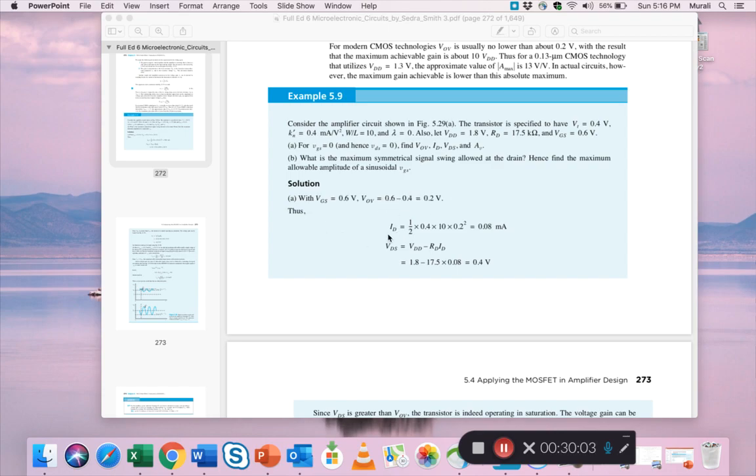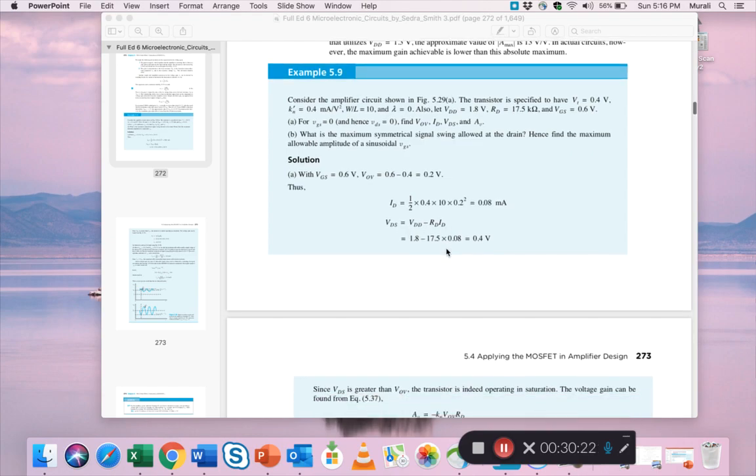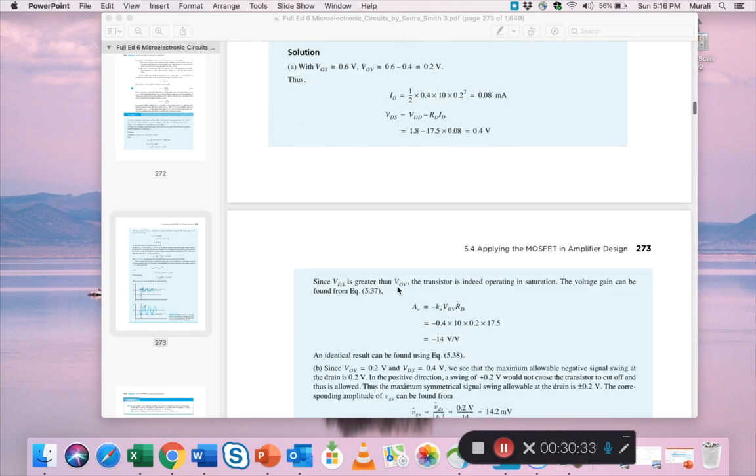Next, he uses the formula for ID and plugs in everything else: half times Kn prime times W by L times the overdrive voltage squared, and he comes up with the drain current. Once you have that, you can easily find the drain source voltage using KVL, which is 0.4. Now you can see that VDS is greater than the overdrive voltage, hence it's in saturation. So that is the first thing he's going to say.